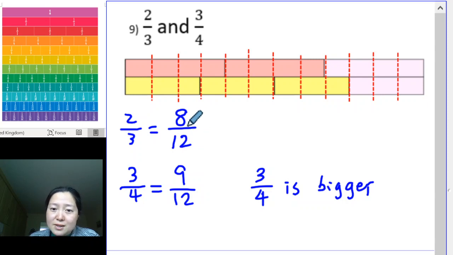So our piece size is 1/12, and the first fraction's got 8 pieces, and the second fraction's got 9 pieces. Okay, so that's a generic way of comparing fractions by turning their denominator the same. Notice, what is this process going from 2/3 to 8/12? This is our equivalent fraction work that we've done before.